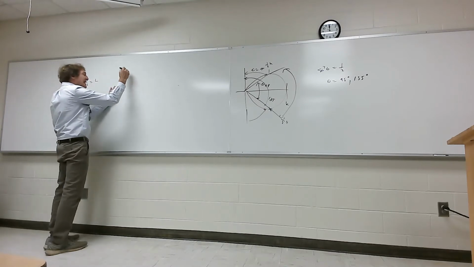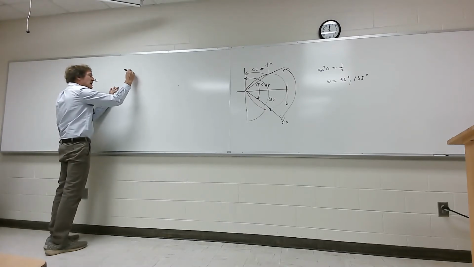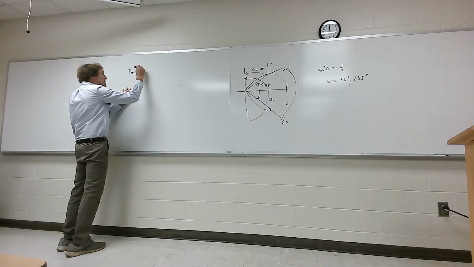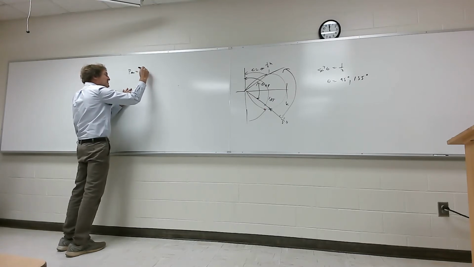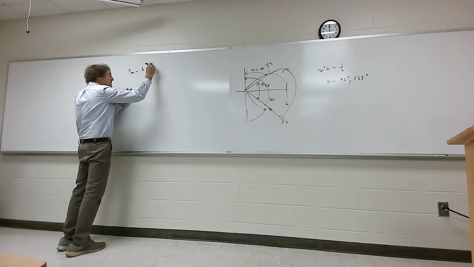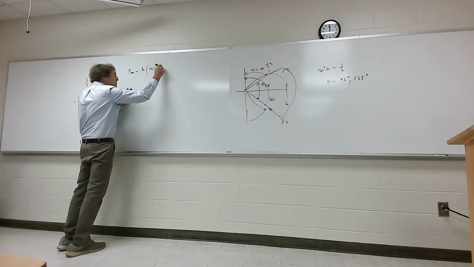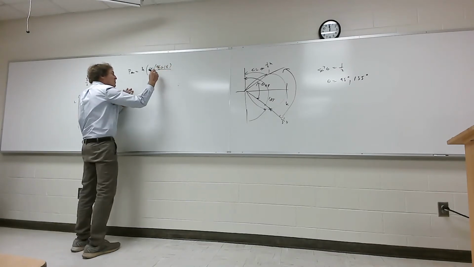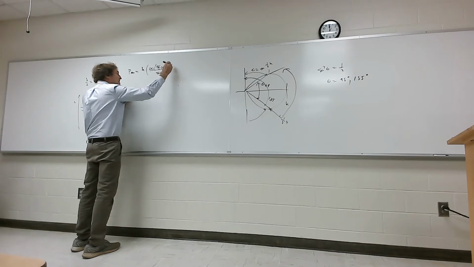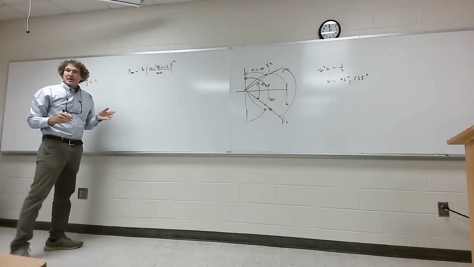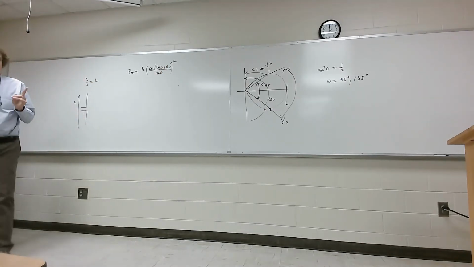Now we find that the average power density is going to be equal to some constant k times cosine of pi over 2 cosine of theta over the sine of theta, squared. Y'all follow me?